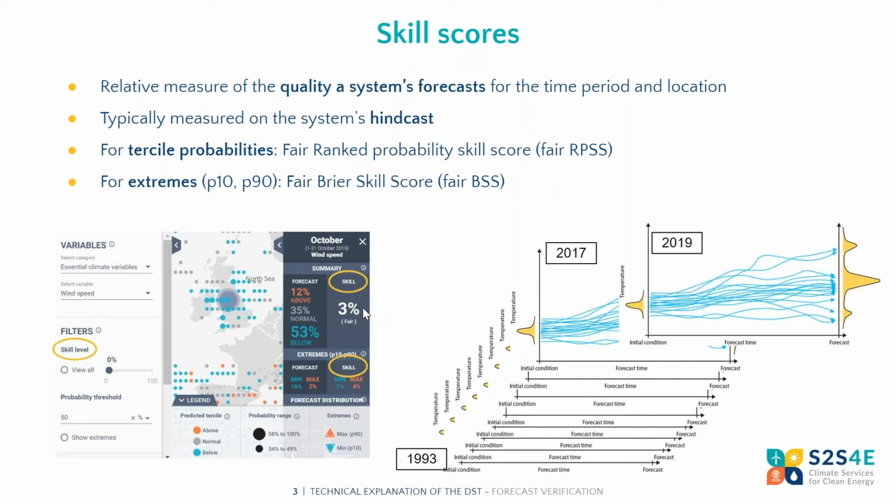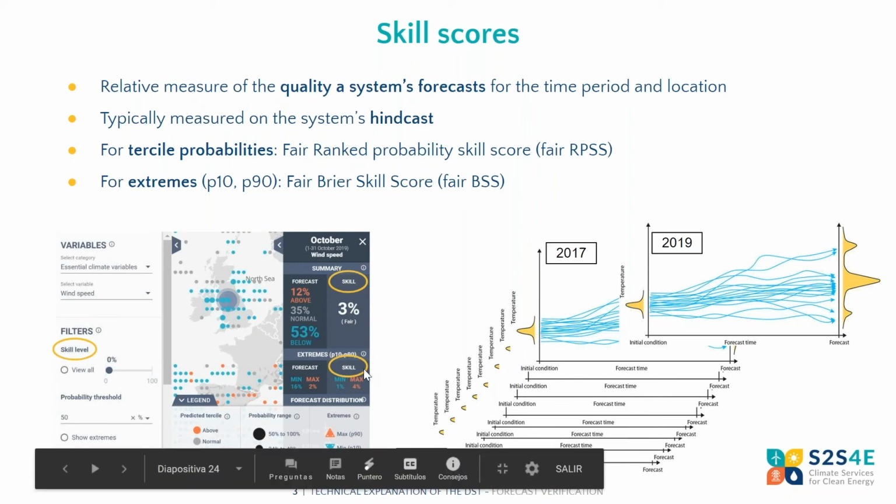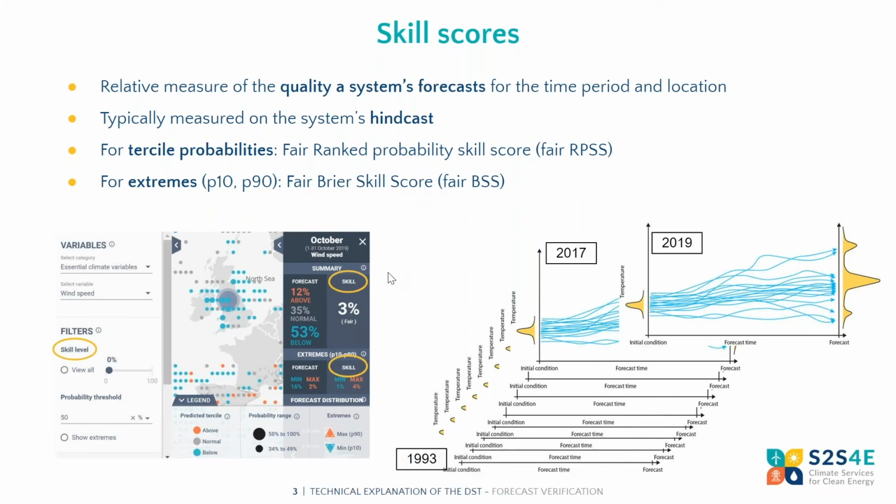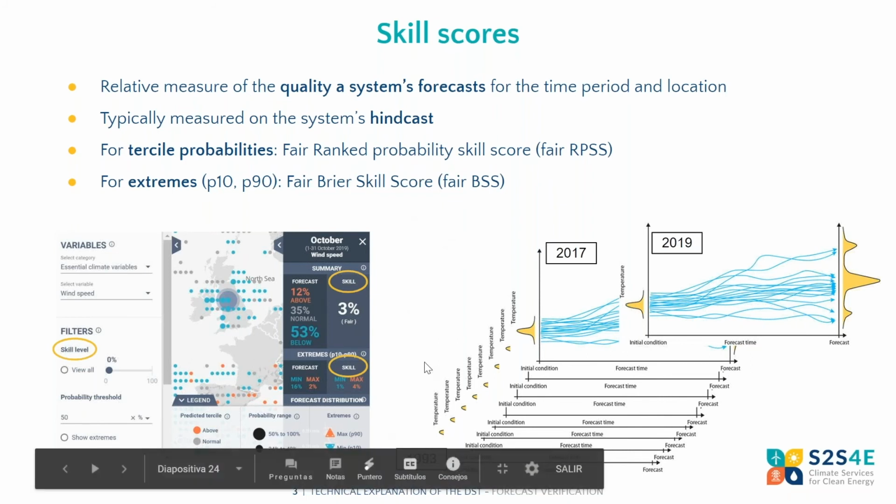The skill scores, as they're presented here, are percentages. Because they're compared to a benchmark, which would be climatology, this means that 0 equals our benchmark, and the higher this percentage is, the more improvement we gain upon climatology. For the extreme probabilities, we also have a specific skill score, which in this case is the Fair Brier skill score, also normalized by climatology.